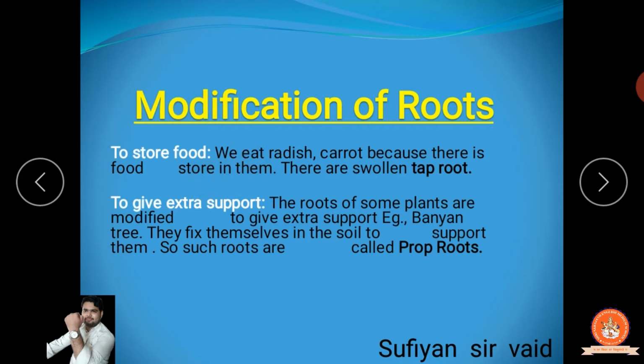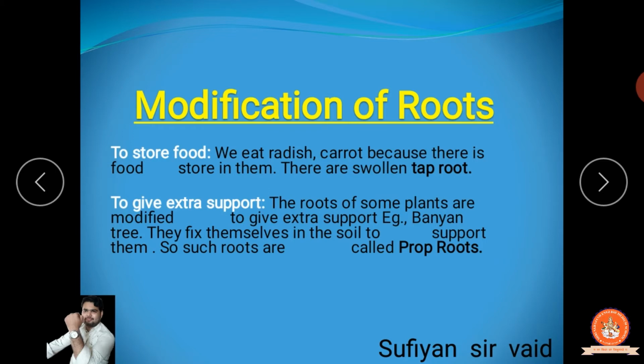We know very well that food usually comes from a particular outer portion of the tree, but after the modification we are getting the food from the roots. And swollen taproot simply means it swells and becomes big, and it's a taproot that we had already discussed in the previous lecture also. What is a taproot? Clear? So the food is stored inside.